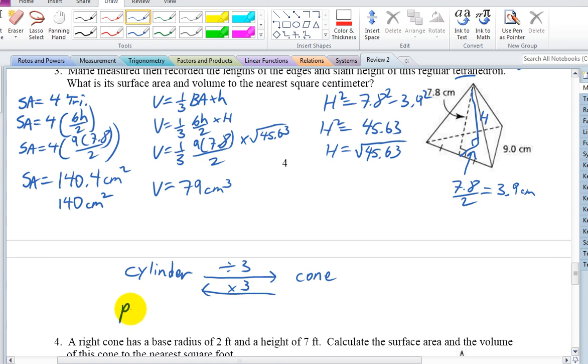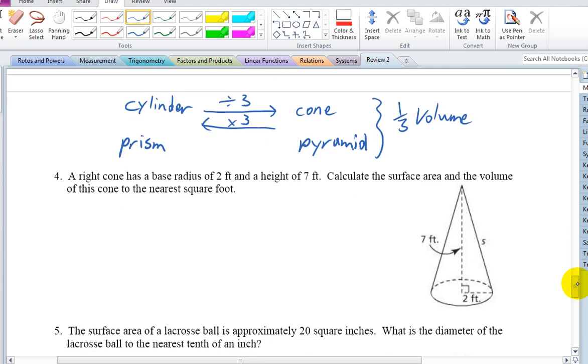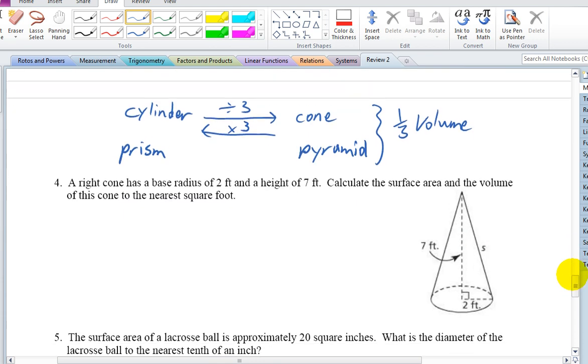Same thing with a prism and a pyramid. So these guys are 1/3 the volume. They're 1/3 the volume. So that's something that's really key and important. Okay, good.